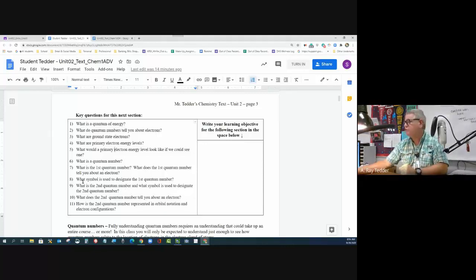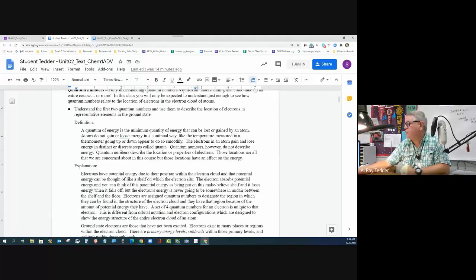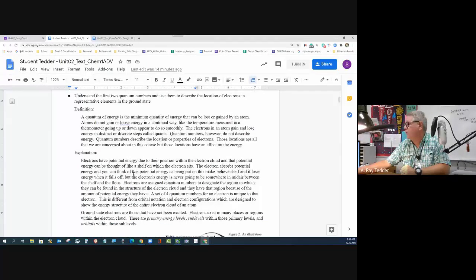So when I started modifying this copy of your text for you, I did not realize that those questions still reflected some of the old information I have taken out of the actual text. Okay. But it describes what quantum numbers are here, all right?